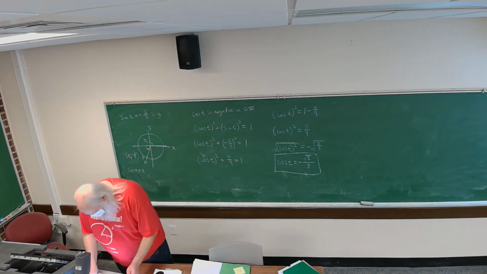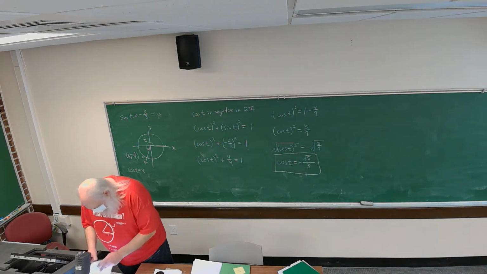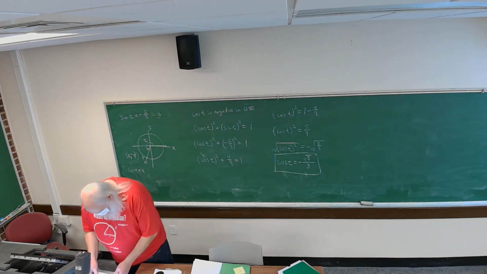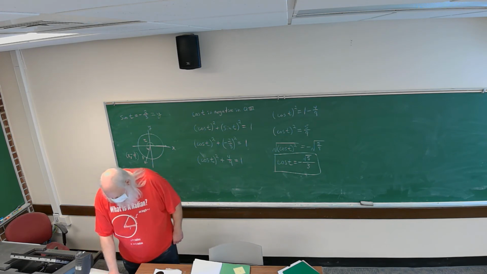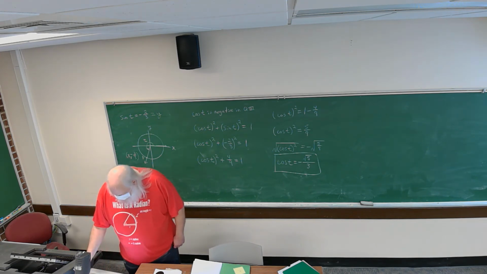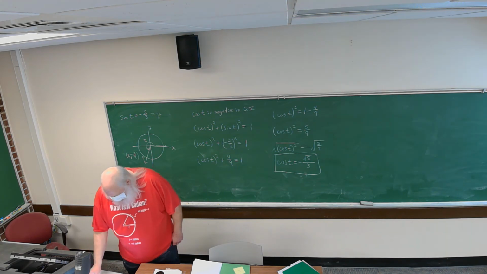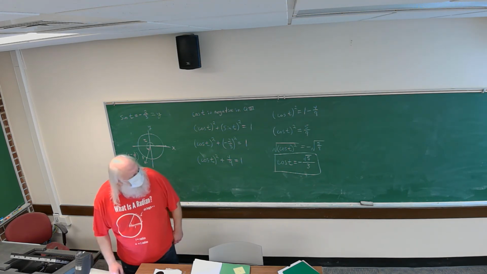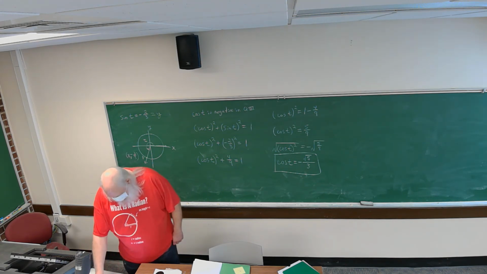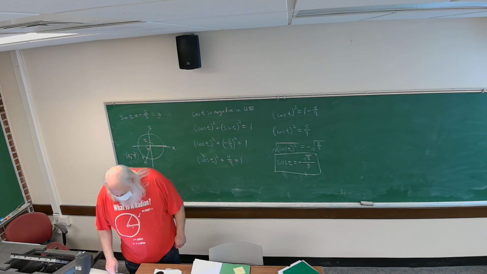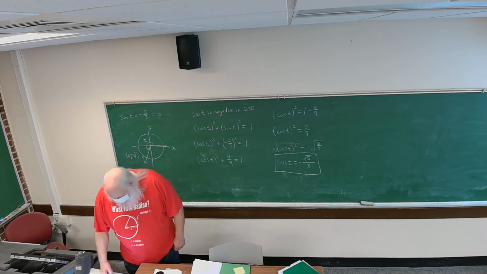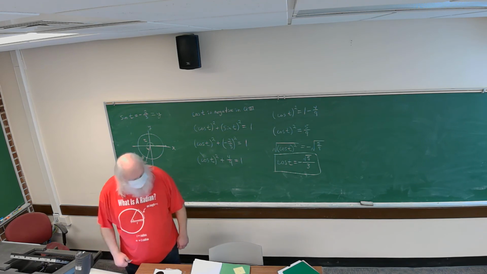On the back side is the same information as on the previous page, except it's in table form. So in the first column we have all the angles from 0 to 2 pi in radian measure, and then their corresponding value of cosine and sine.